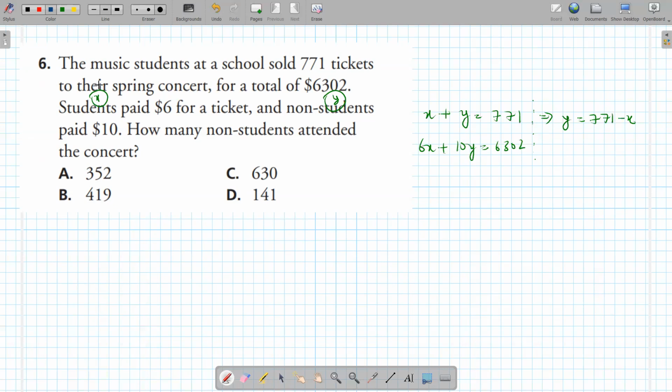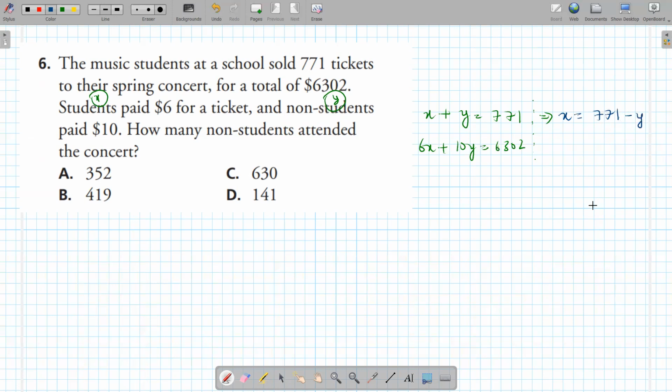You could do elimination here, but it's going to add an extra step. So if any of the coefficients are ones, just isolate for that. So here, in the top equation, both coefficients are 1, so you can isolate for either x or y. We need to find y, so I think it's best to isolate for x. x is equal to 771 minus y.